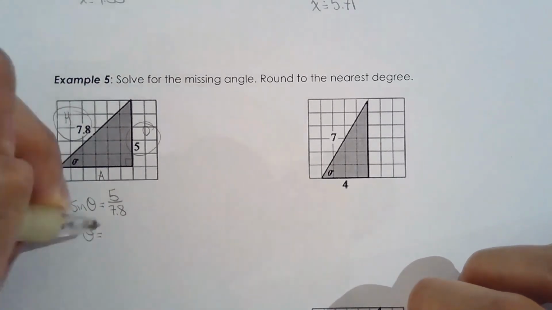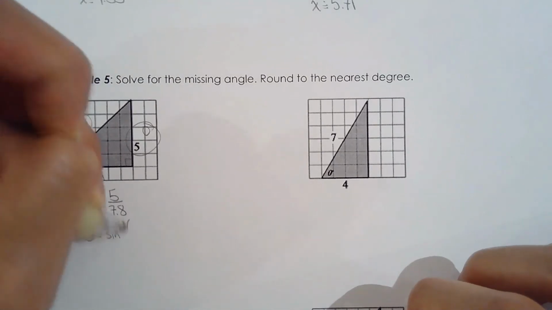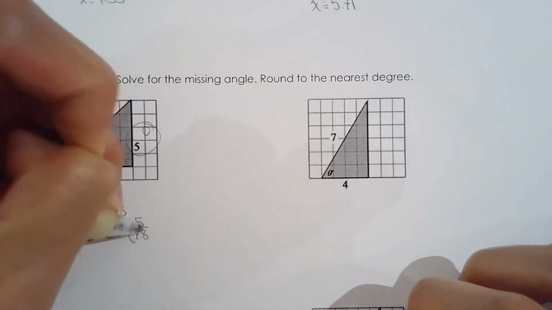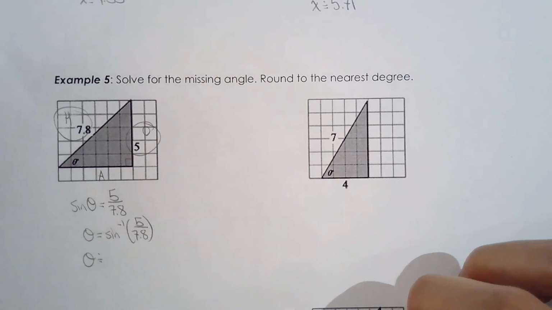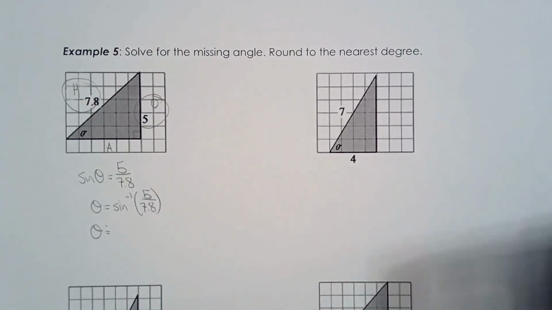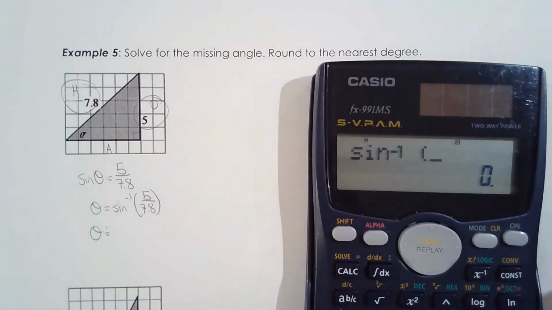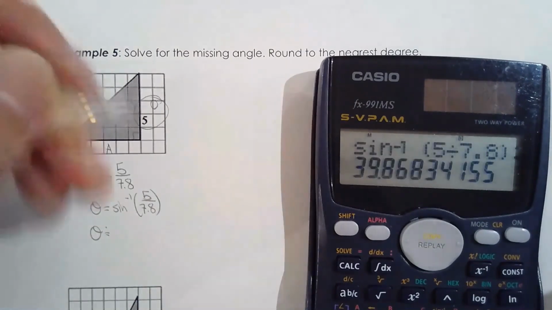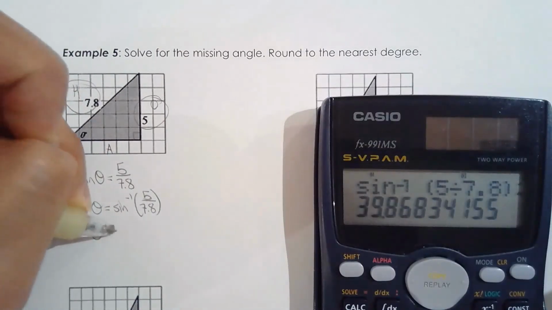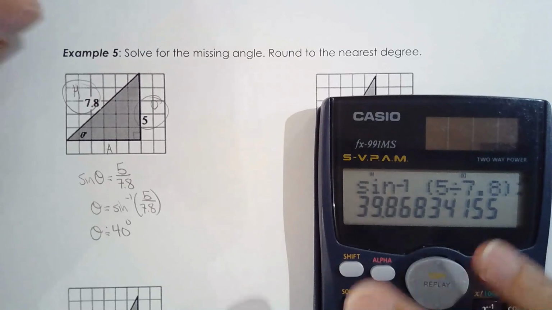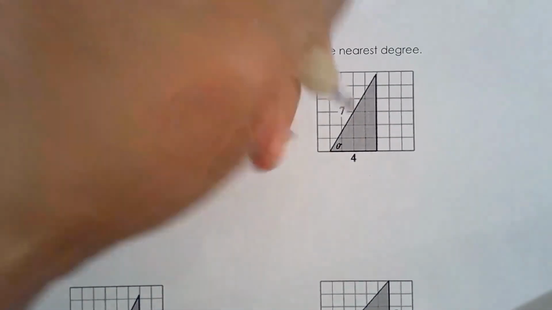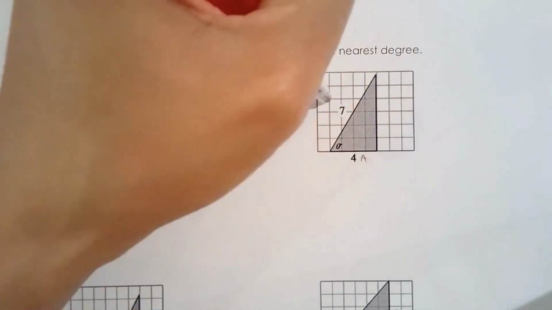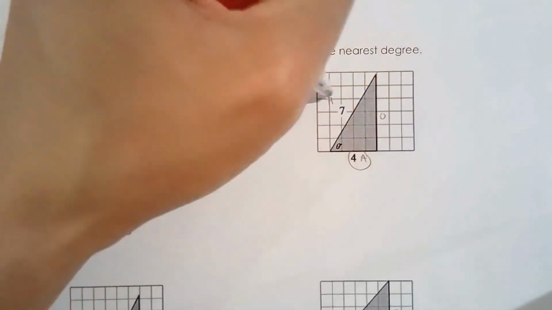So theta is the inverse sine of 5 over 7.8. Give the calculator the sine ratio, and it will tell you the angle to the nearest degree. We're looking at about 40 degrees.